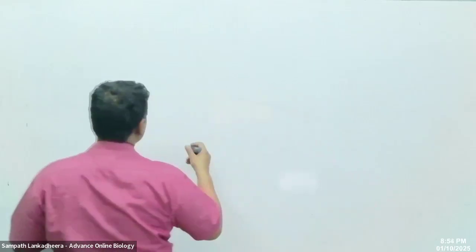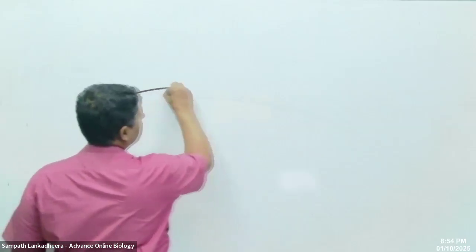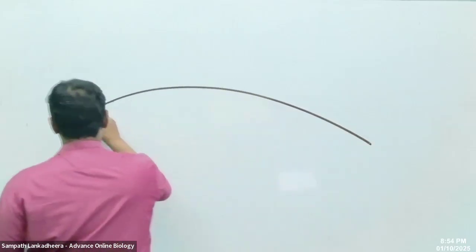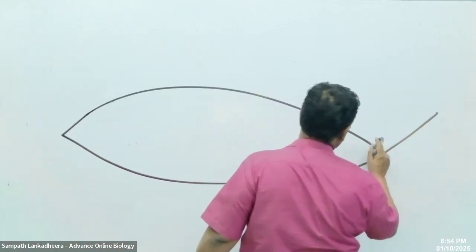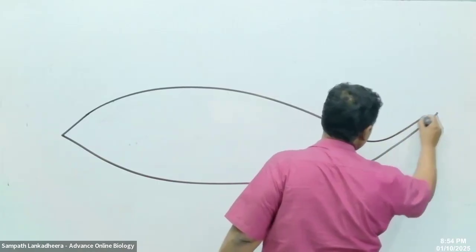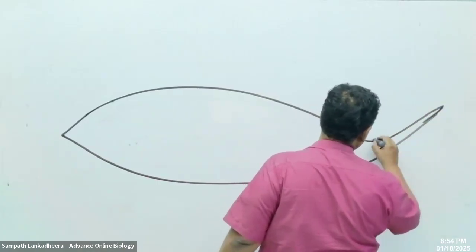So what are you going to say? Cartilage fish, right? So you can draw the body like this. You can draw him like this.